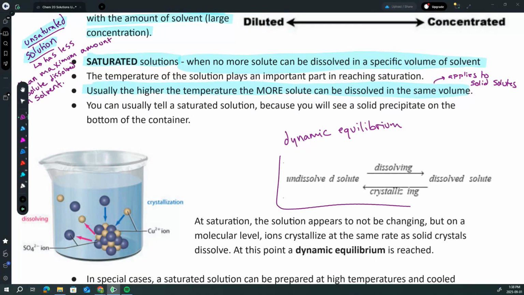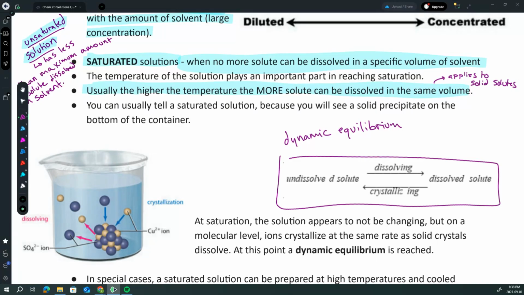And that's represented by this reaction equation here. So what dynamic equilibrium means is that your solution, just looking at it, doesn't appear to be changing, but on a more microscopic level, your ions are crystallizing.